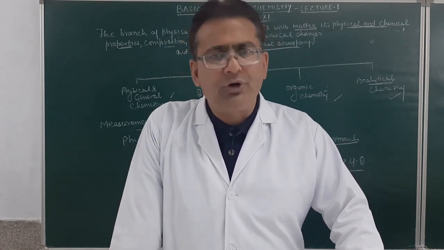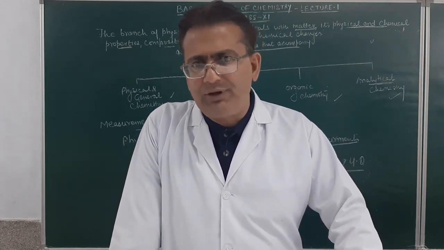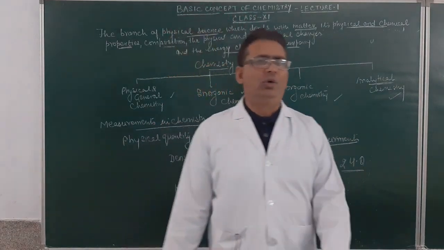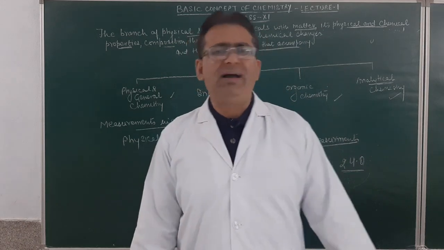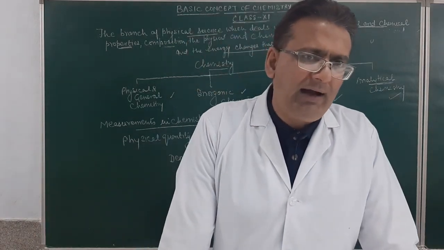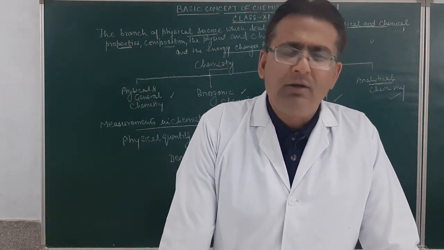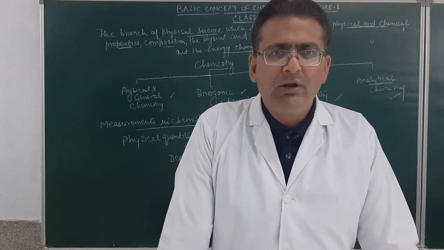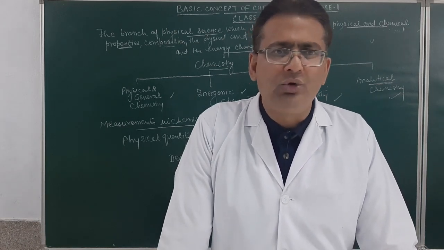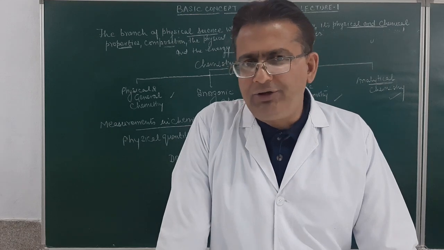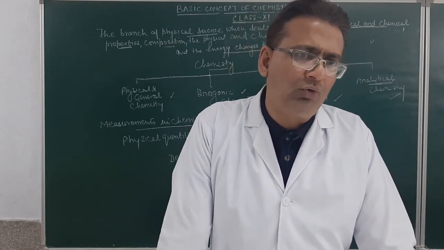So the very first topic in this chapter, which you must have studied in physics and in lower classes in maths also, is significant figures. What are significant figures? These are those figures which include all certain digits plus one doubtful digit.